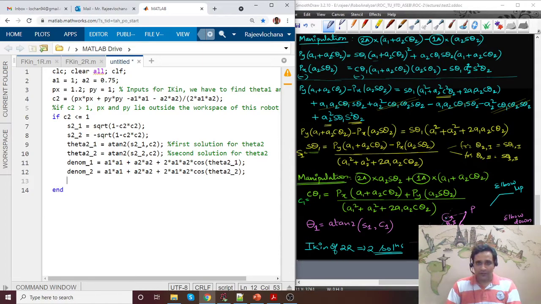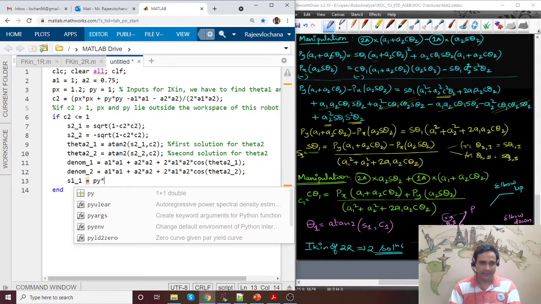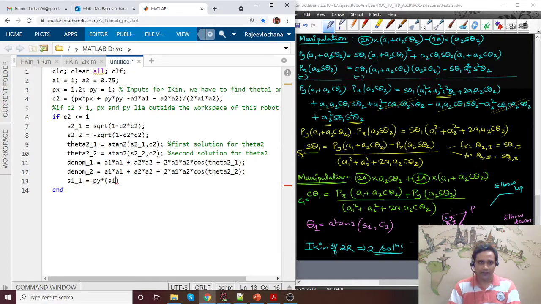Now we'll write these S1 and C1 terms. S1 underscore 1 is the term given here: py into a1 plus a2 into cos theta 2 underscore 1. Please remember, we have to use this consistently, don't make a mistake here.